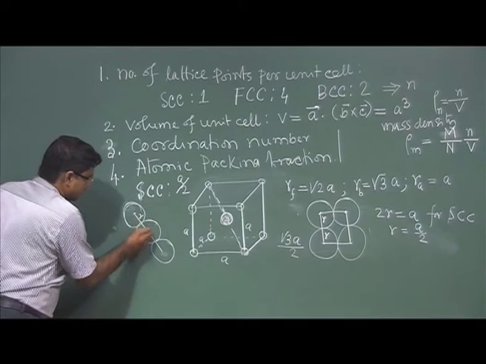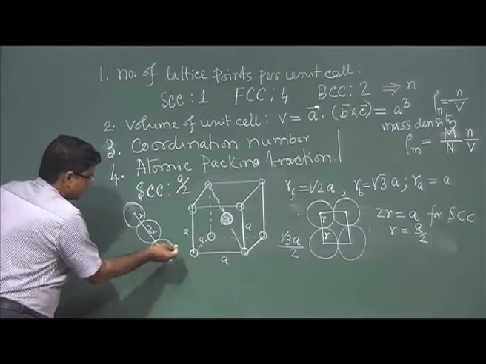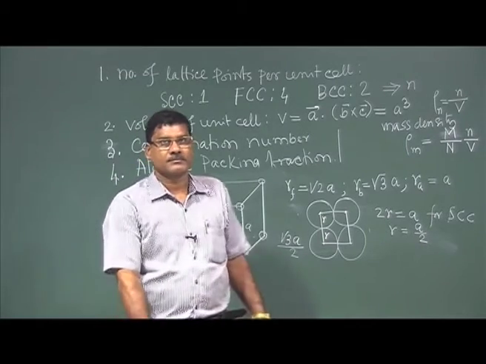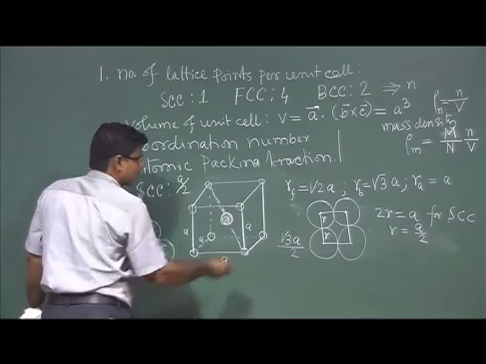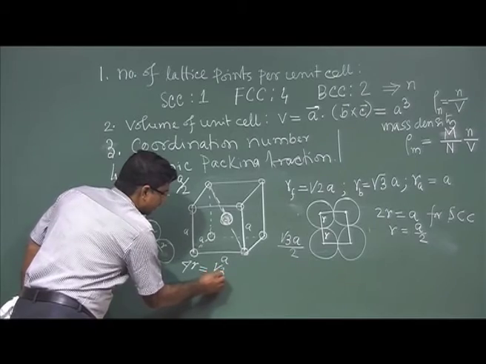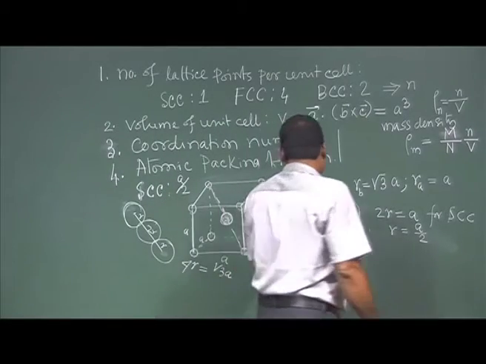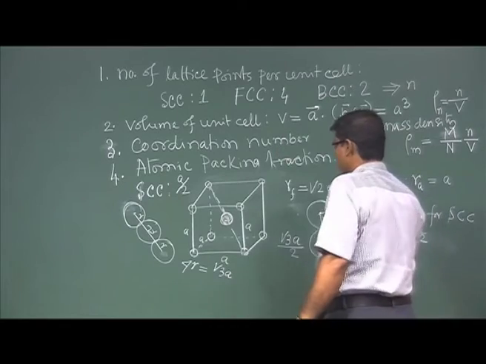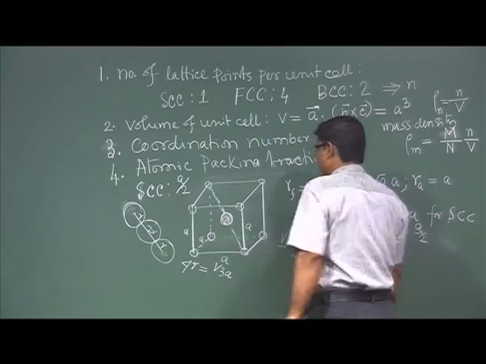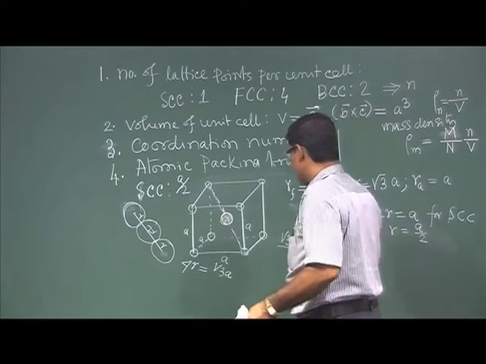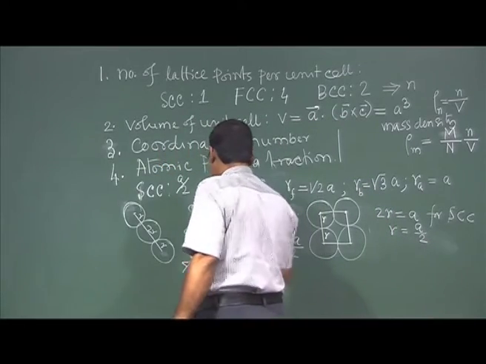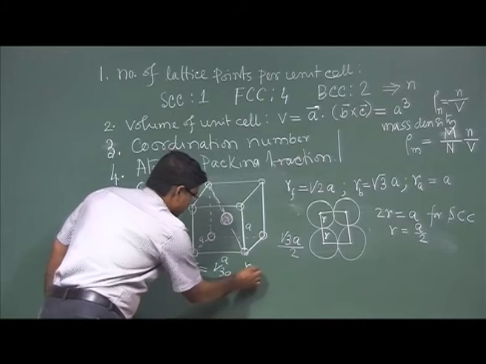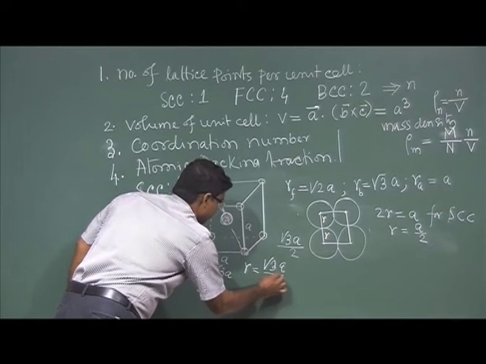So this is R, then this is 2R, and this is R. So total is 4R, and this 4R is root 3 a. So from here one can get R equal to root 3 a by 4.